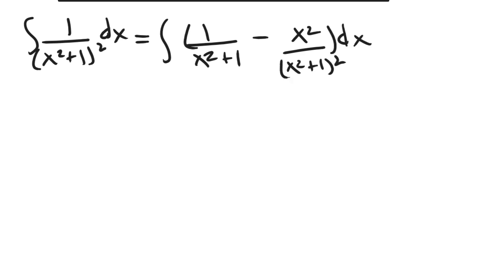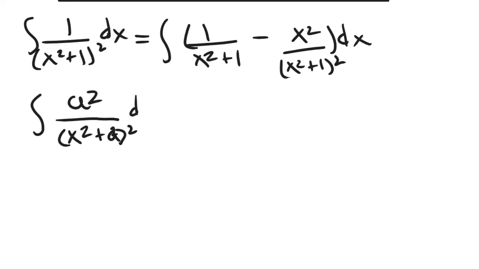Okay, so now notice that if we had something like, suppose that we had a nice integral such as a squared over (x squared plus a squared) squared, dx, right? Now how would you solve this? You would basically do the exact same thing where you would add in 0. What is 0?